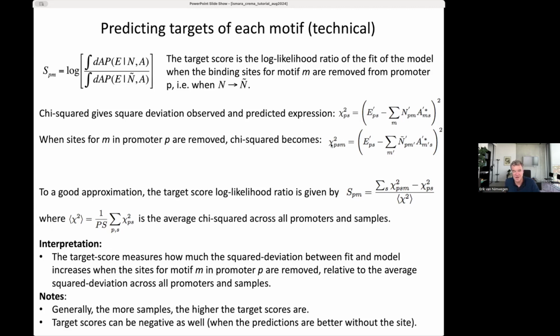I call that the chi-squared of promoter P in sample S with motif M removed. And then if you take the difference between these two, sum it over all samples, and divide it by the average chi-squared of all promoters across all samples, it turns out that that ratio is very close to this log ratio. So that's actually how we calculate these target scores.